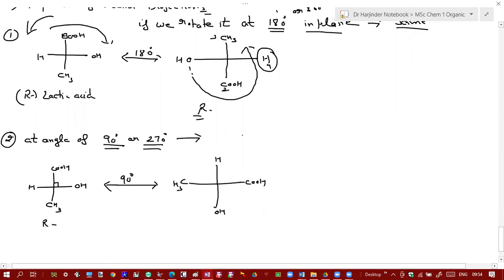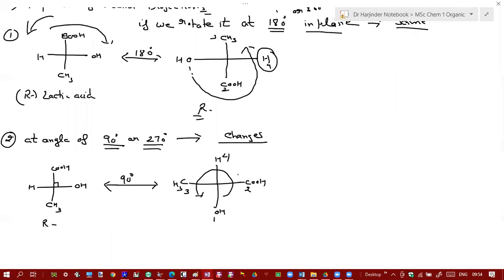So the configuration changes and becomes opposite. Your oxygen has a higher atomic number, so it gets first preference. Then this carbon, because its next atoms are oxygen, then this methyl carbon, and fourth is hydrogen. When you see it, it is again rotating in an anti-clockwise direction. Your lowest priority group is now on the vertical line, and the vertical line represents below the plane.